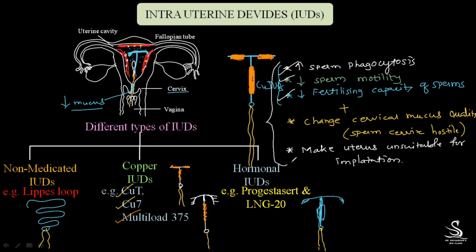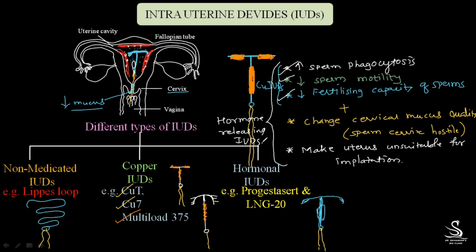So these are the roles of hormone-releasing IUDs. You have to remember that. Whatever the first three are, these are only the roles of the copper-releasing IUD. In addition to the above three roles, two more roles are played by hormone-releasing IUDs.